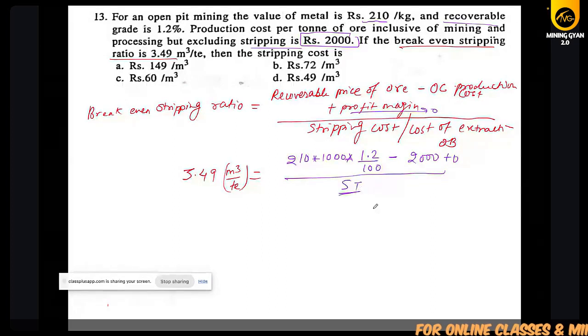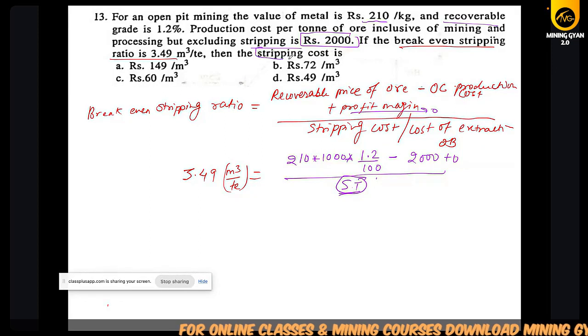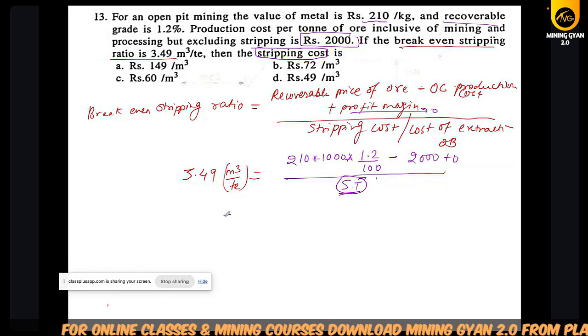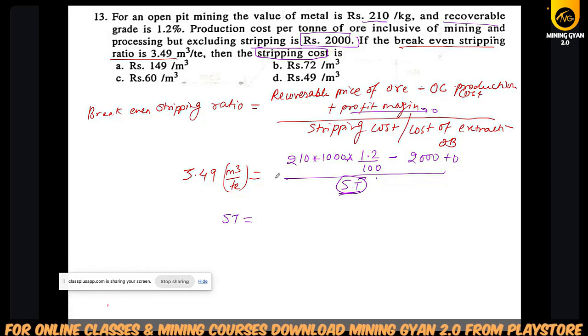stripping cost, or the cost of the extraction of the ore, whatever. So let me write stripping cost, because it has been asked in your questions. Now it is just calculation. The stripping ratio I am taking to this side, it will go on this side.